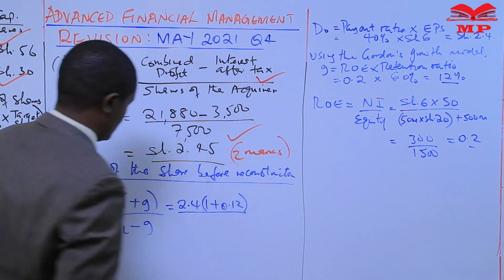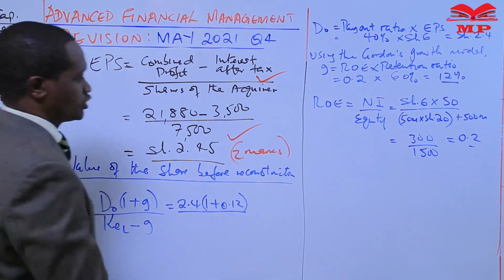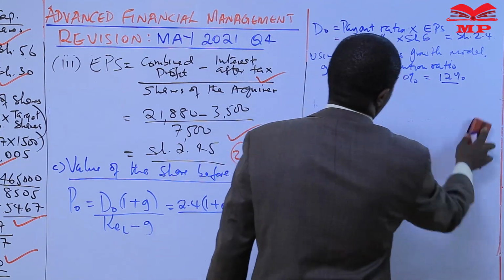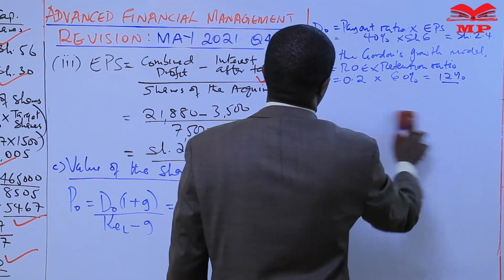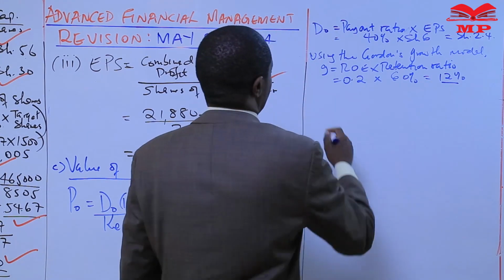divided by the cost of equity of the levered firm. How do we calculate the cost of equity of a levered firm?